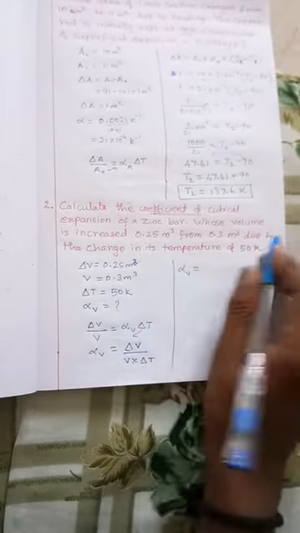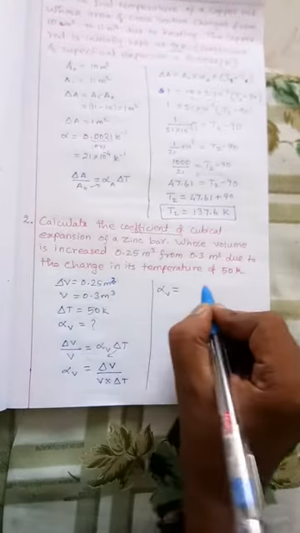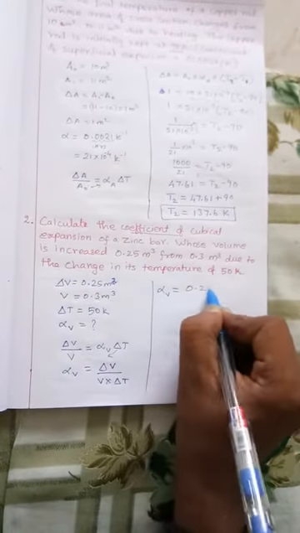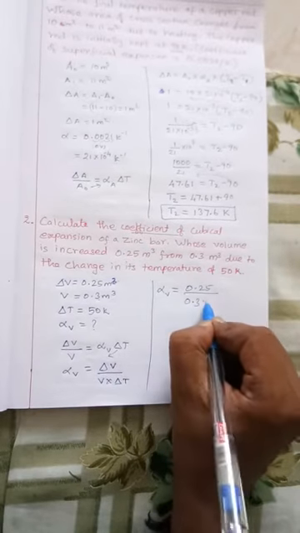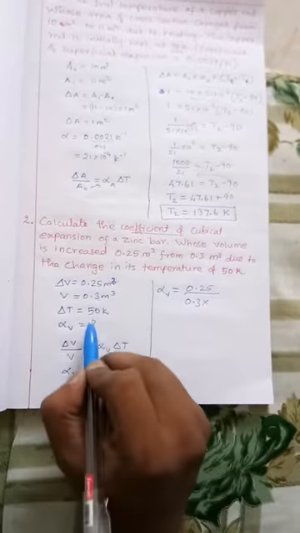Alpha V is equal to delta V value 0.25 divided by V value 0.3 into delta T value, given as 50.